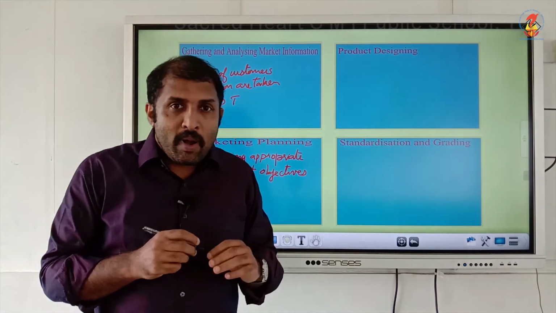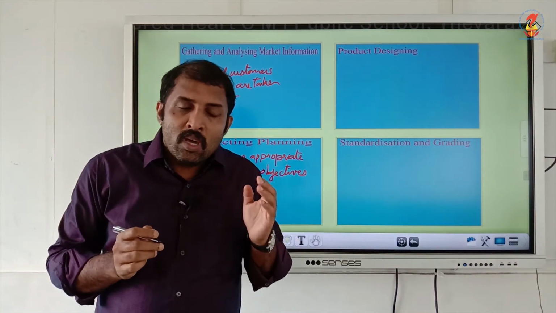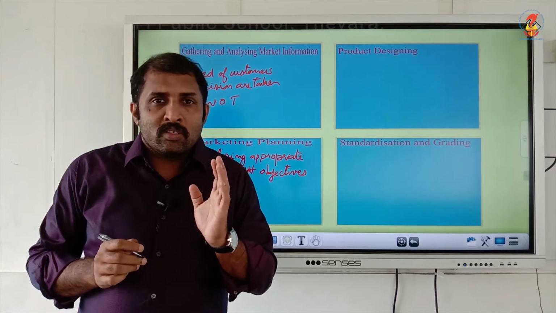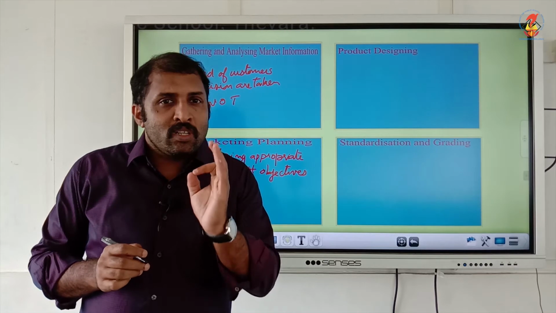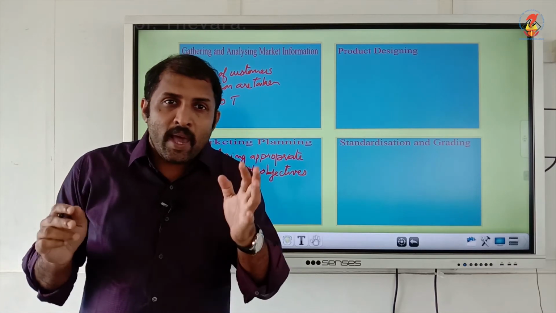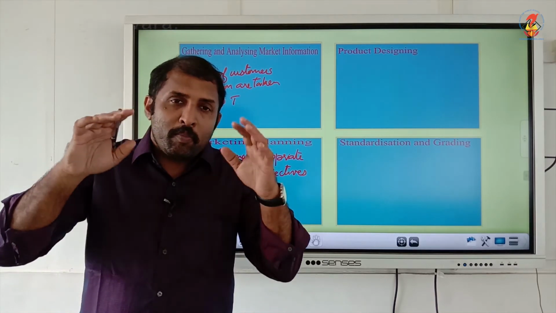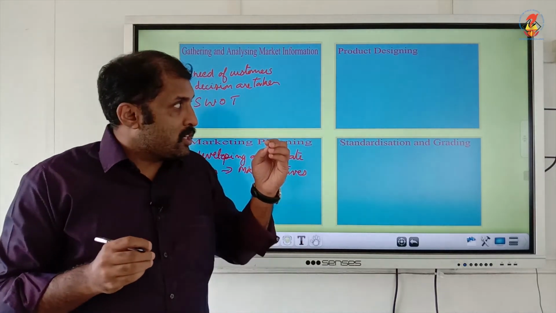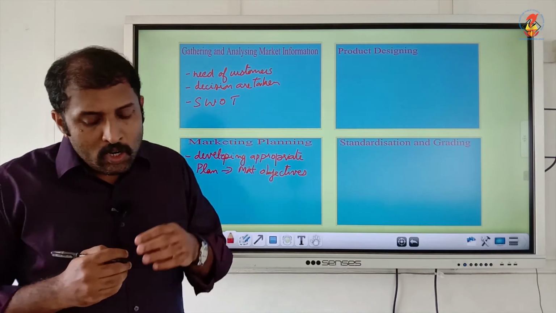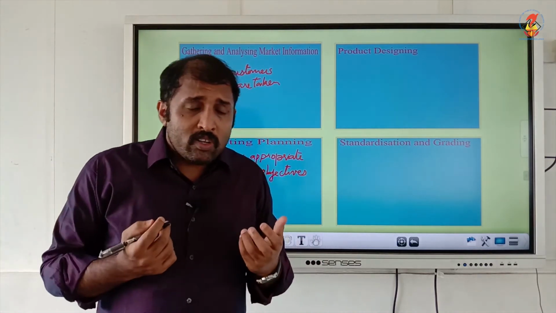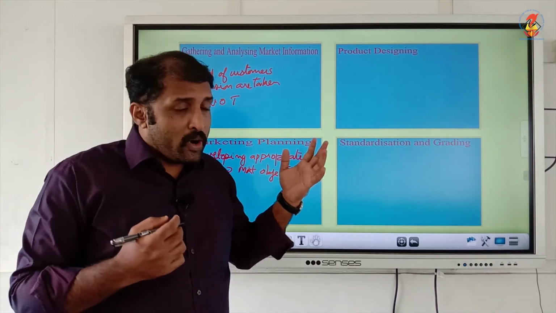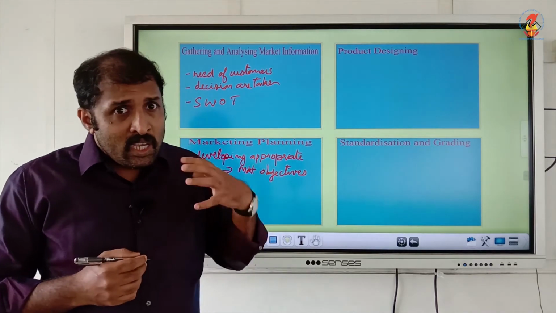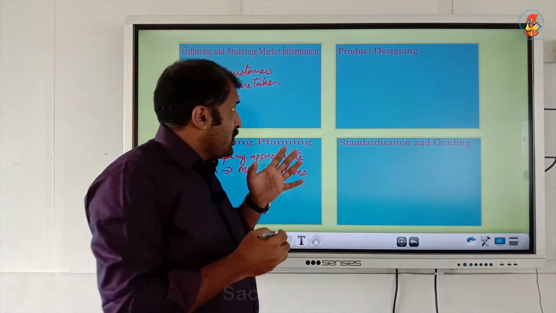Developing appropriate plans has to be made by the marketer. So, the second function they do is preparing an appropriate plan in order to achieve marketing objectives. That is another function. Third one is regarding product designing and development. It is a very important aspect. Design of the product is made. Product designing.